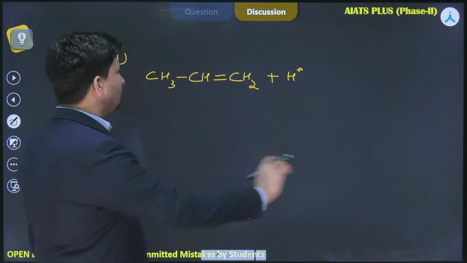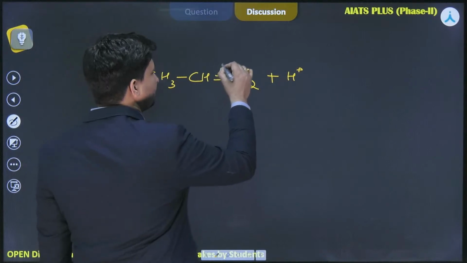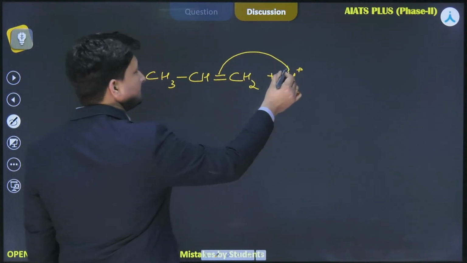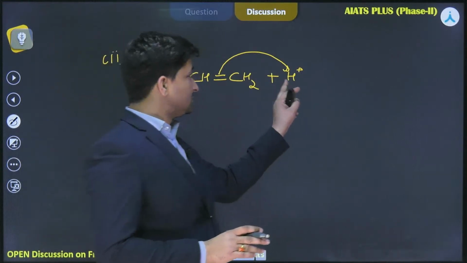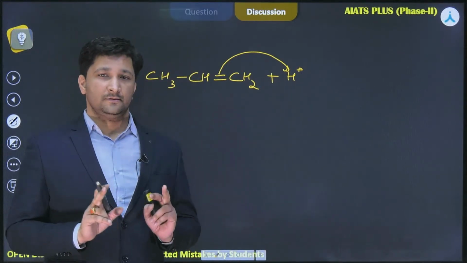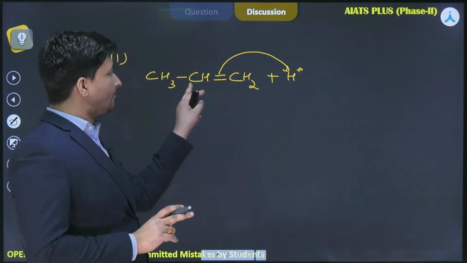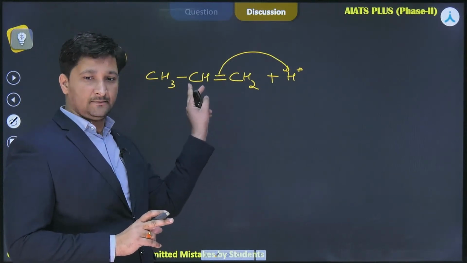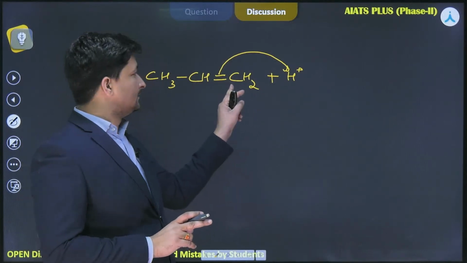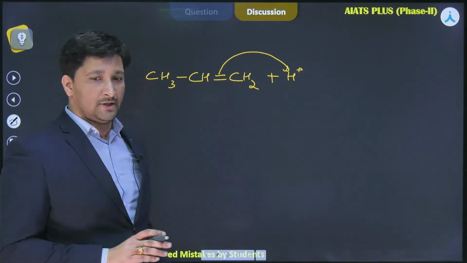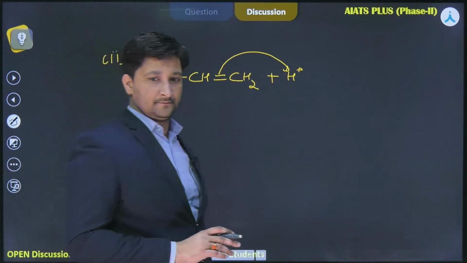These pi electrons will definitely move towards this H+. Because of this, this hydrogen has two options. It has two probabilities: either it can form a bond with this second carbon, or it can form a bond with this first carbon. So let's see all these things here.